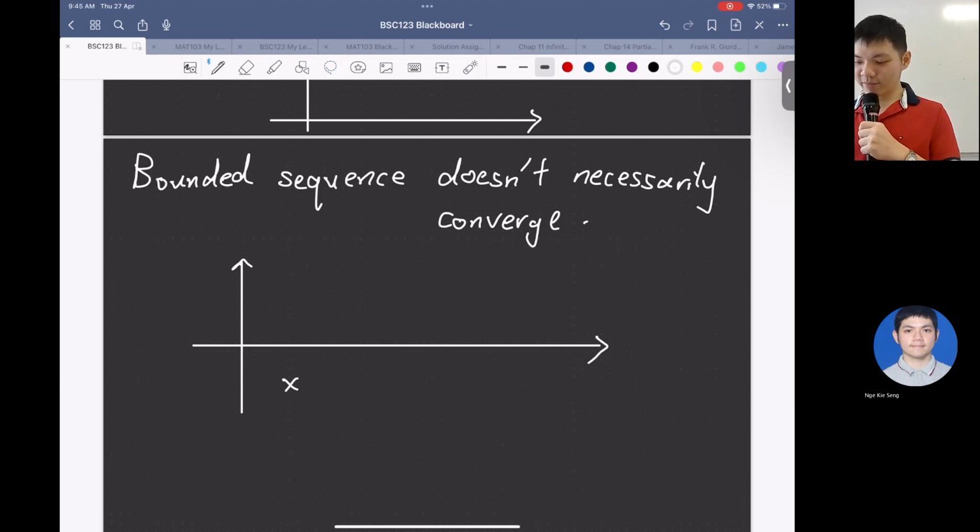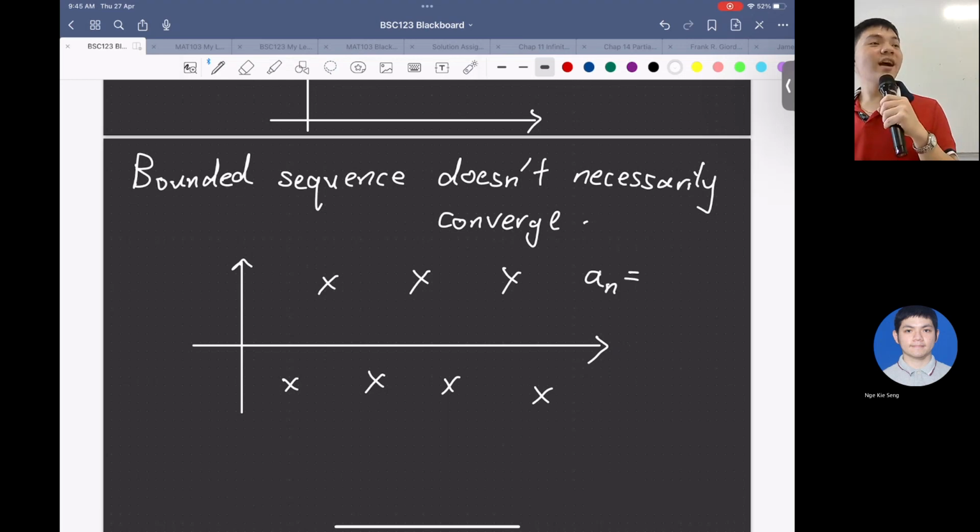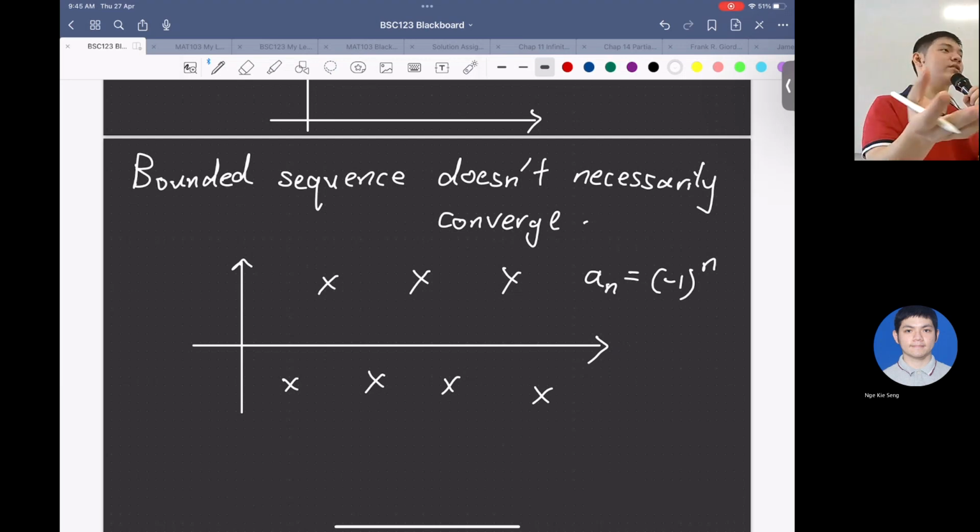The easier example we saw: -1, 1, -1, 1, -1. I know. I mean, you need to check first. Okay. So this one is the easiest one, right? Bounded by 1 and -1 for every term, but there's no limit. How about monotonic but not bounded?